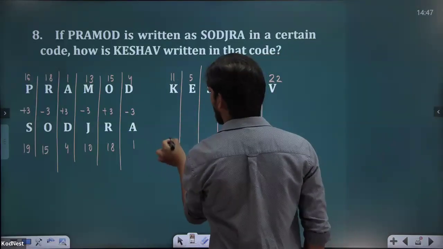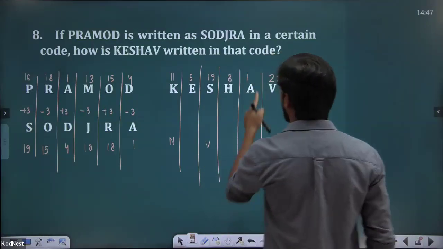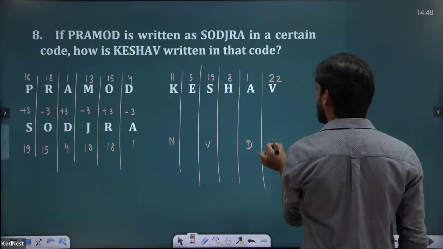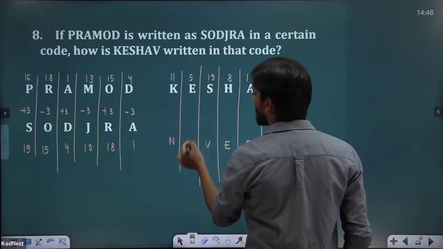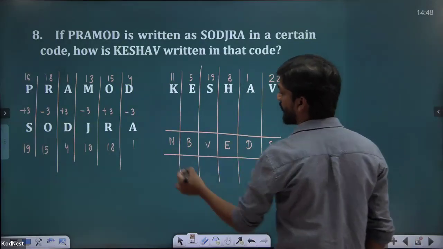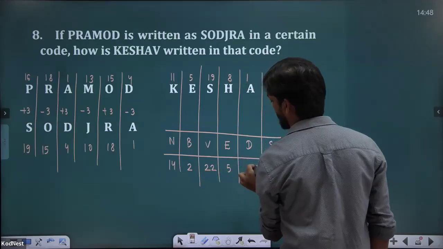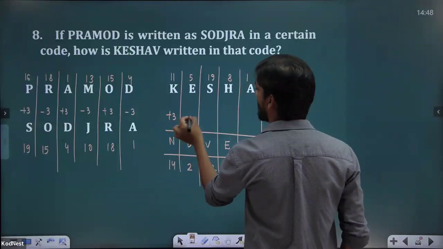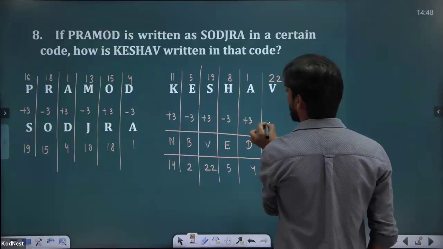Okay, 11 plus 3, 14. 14 is N. 19 plus 3, 22. 22 is V. 1 plus 3 is 4, that is D. 22 minus 3 is 19. 19 is S. 8 minus 3 is 5. 5 is E. And 5 minus 3 is 2, that is B. So this will come out. Minus 3 plus 3 minus 3 plus 3 minus 3.